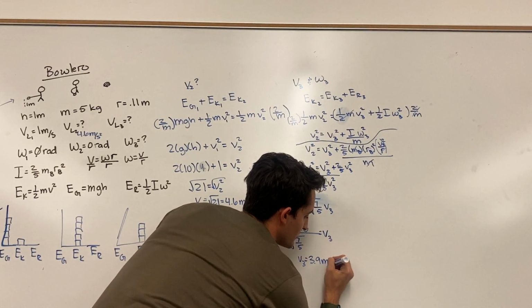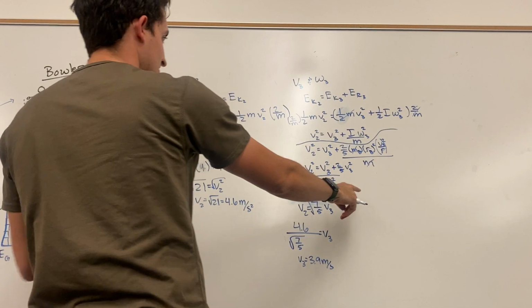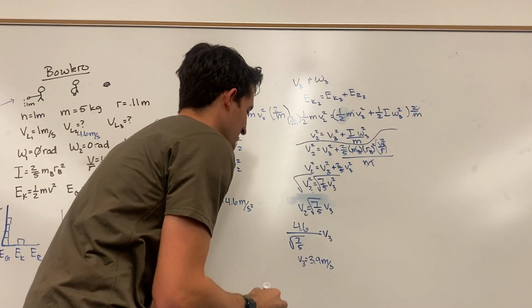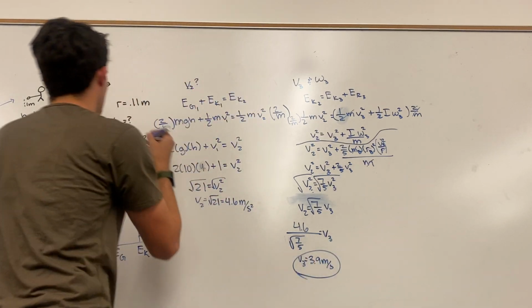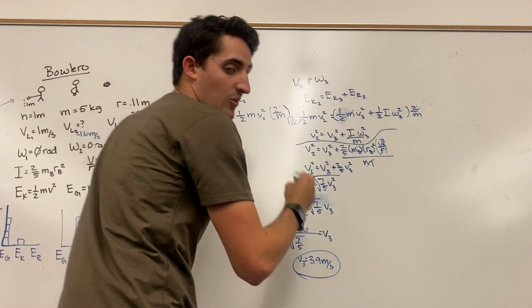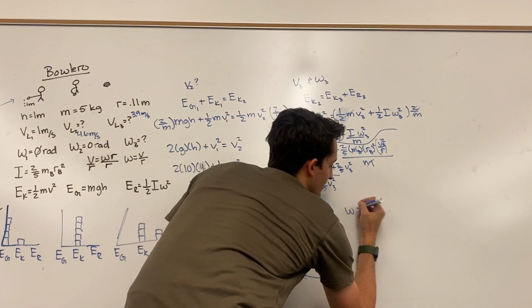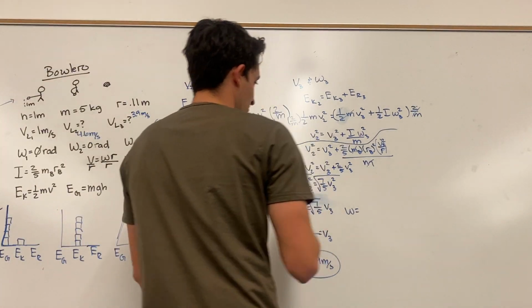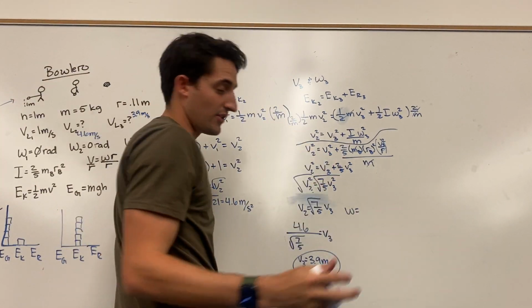3.9 meters per second. Sorry, not meters per second squared. So 3.9 meters per second. And then we can get the angular velocity, so we're going to be using V3.